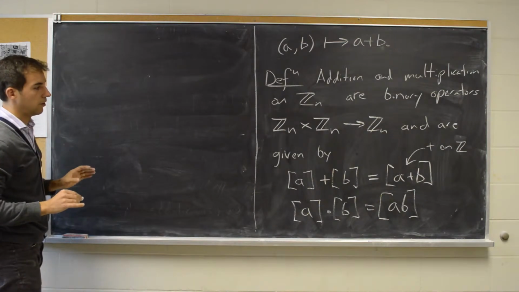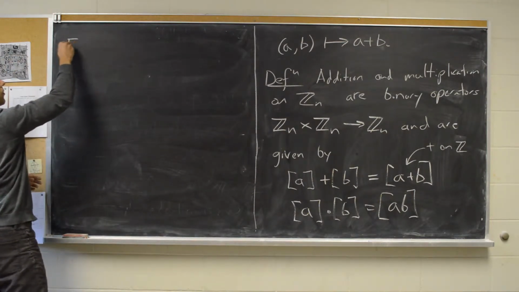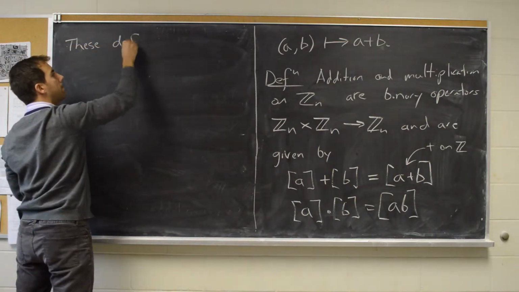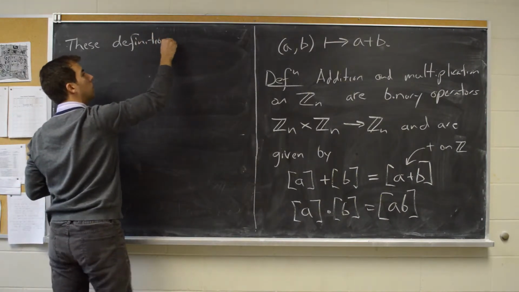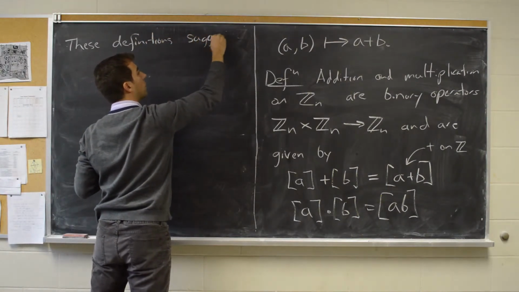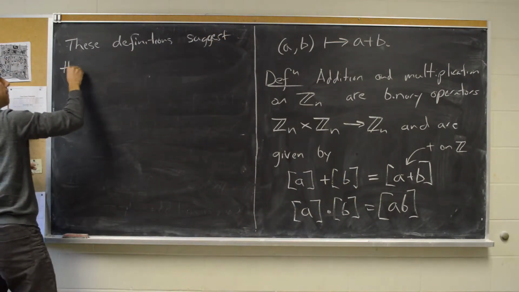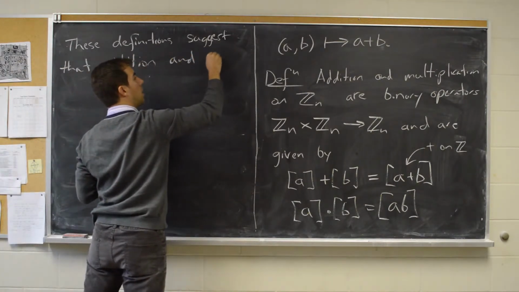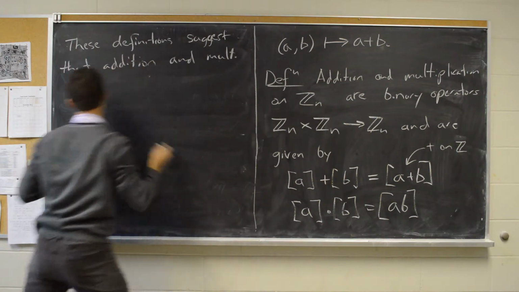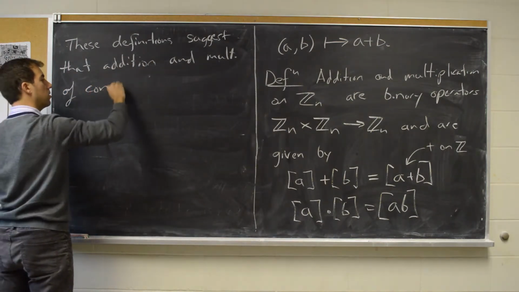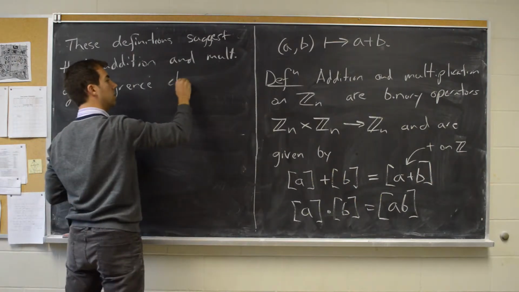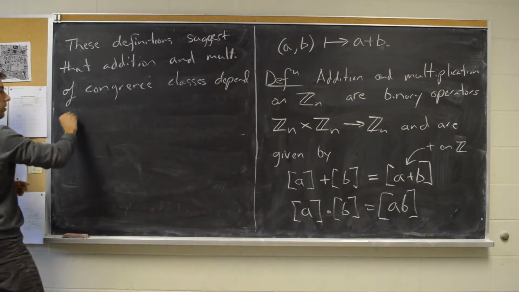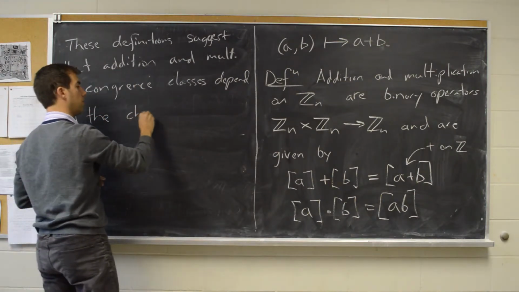But right now, these definitions suggest addition and multiplication of congruence classes depend on the choice of representative.